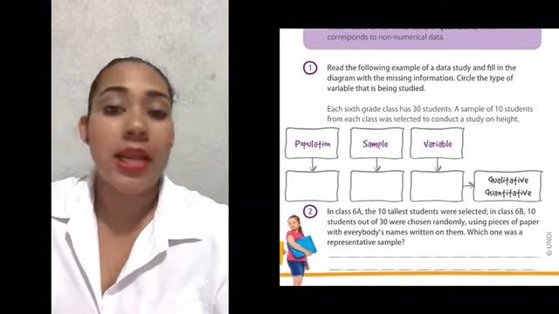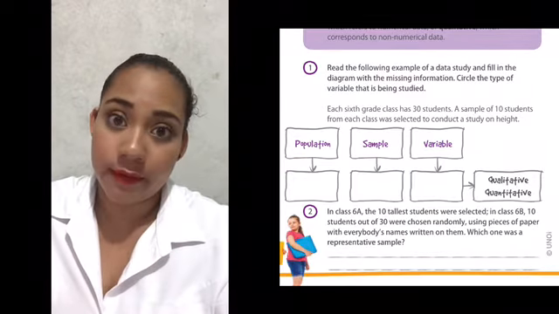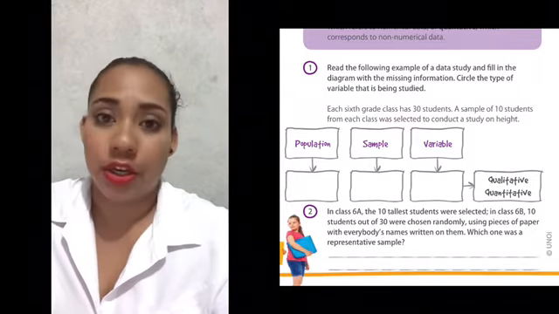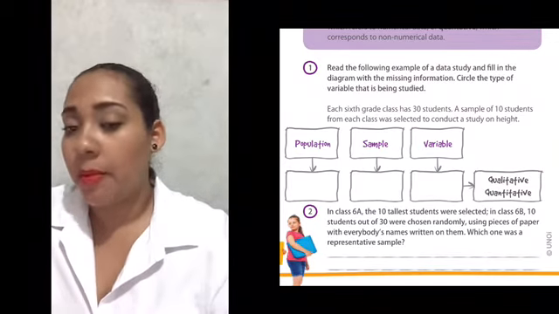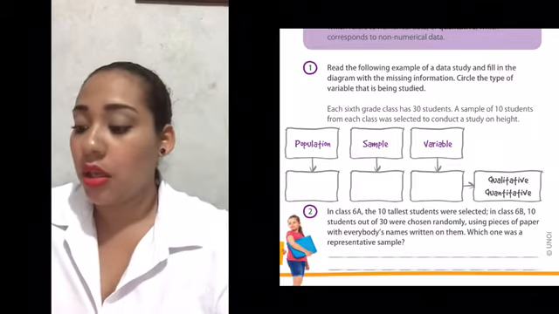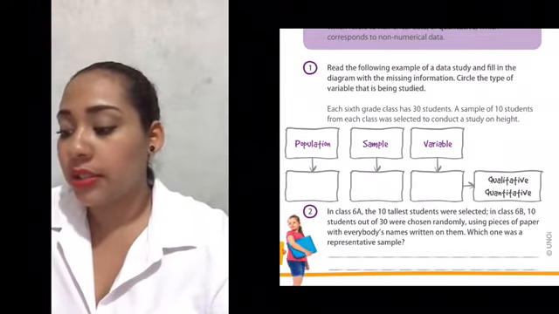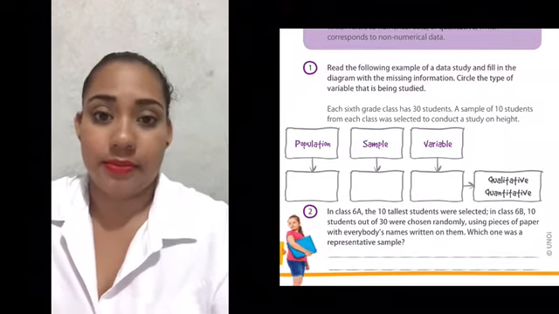So now let's see the example that they gave us. Each sixth grade class has 30 students. A sample of 10 students from each class was selected to conduct a study on height.